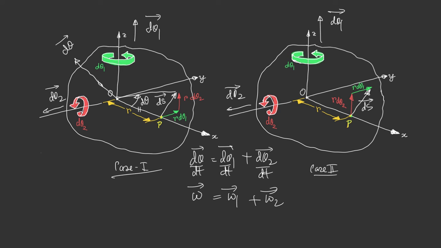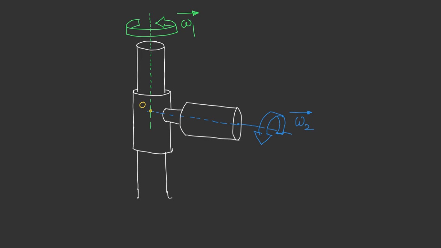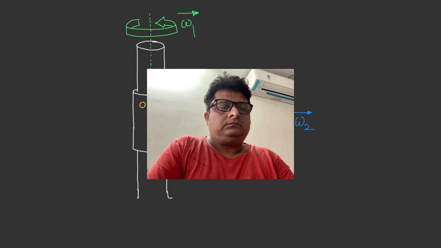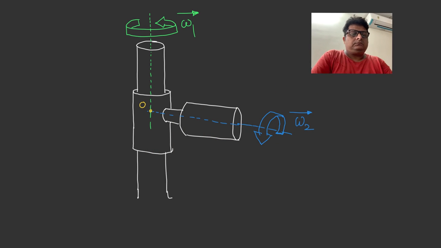Now let's look at this body. These are the two angular velocities omega 1 and omega 2 as shown in the figure.